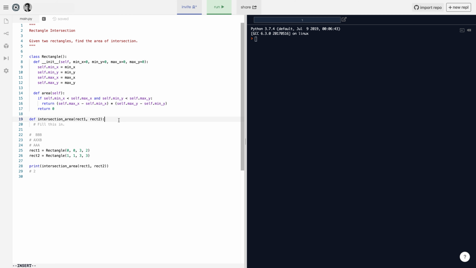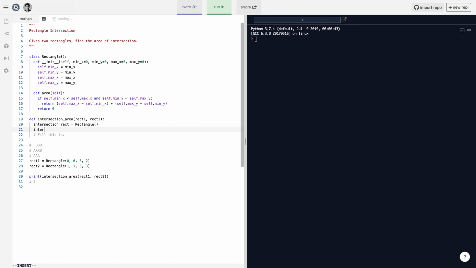So intersection. First, we want to create our new rectangle. Our new rectangle would be the intersection rectangle. And then how do we get the min x, min y?